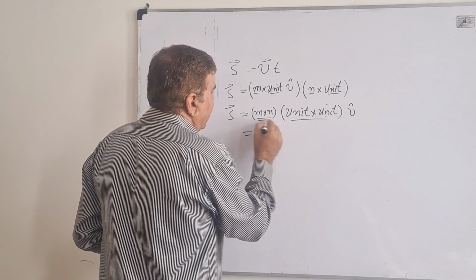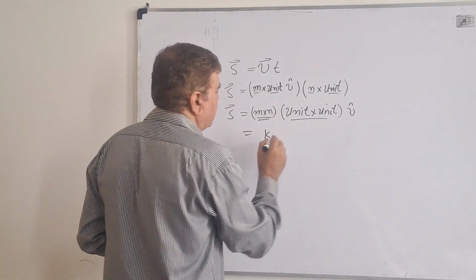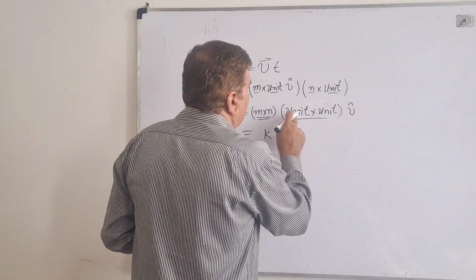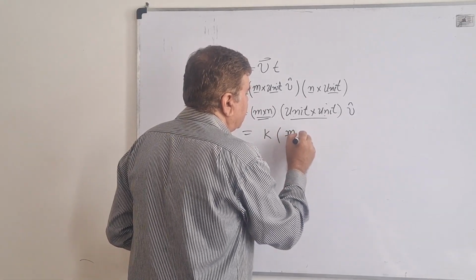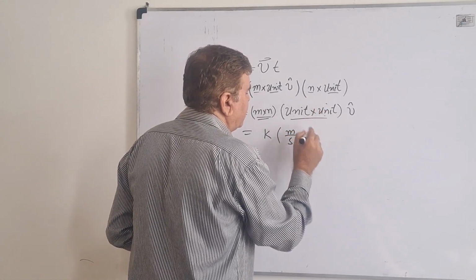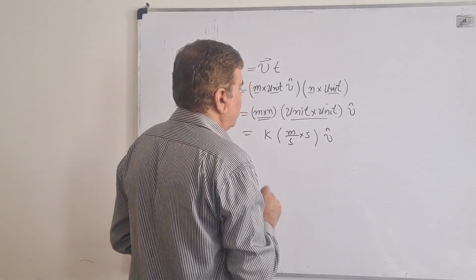I call this n times n another number. Let's say I call it k. K is a number, and the unit of velocity is meter per second multiplied with the unit of time, which is second, and then unit vector v.